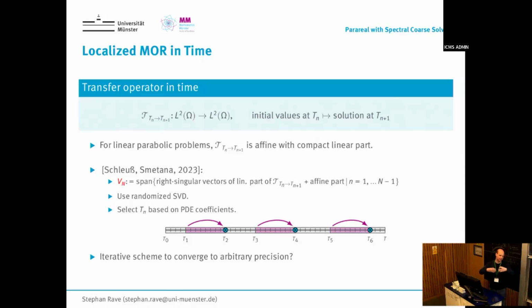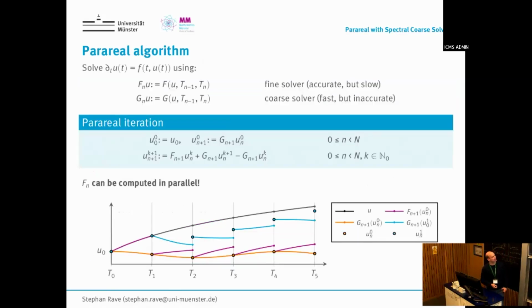So it's not really local in time, and there is also no iterative approach to converge to machine precision. And this is where Parareal enters the picture, because this transfer operator in time in Parareal would be simply my fine solver. So I make no difference between the analytical solution and the fine solver here.